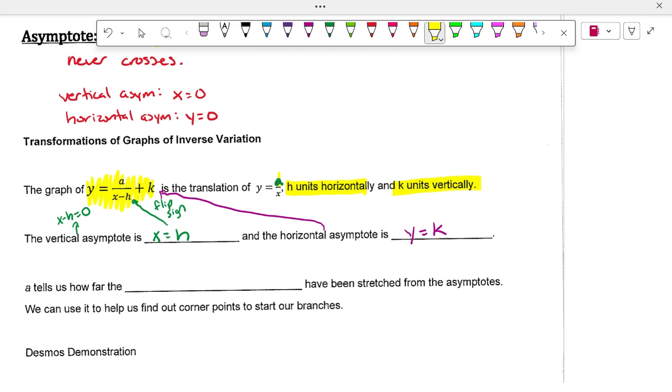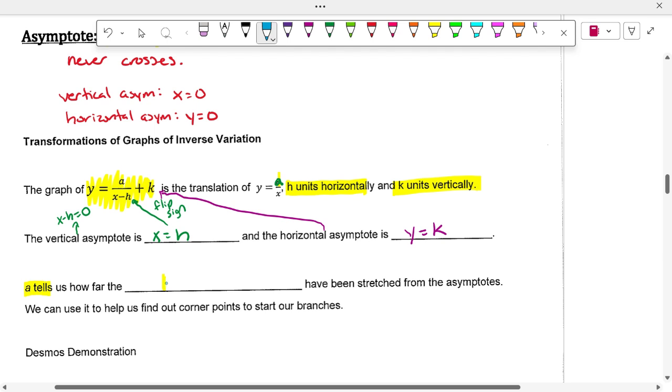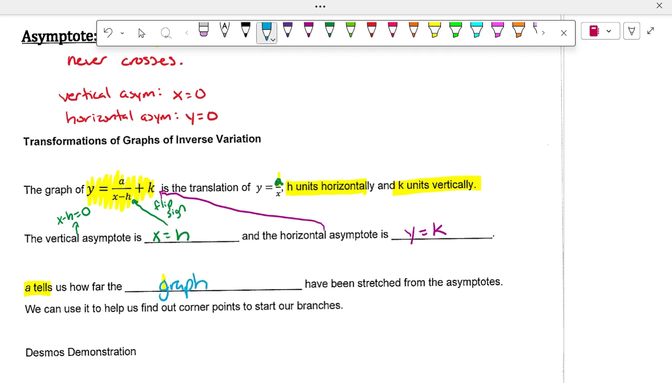All right. So the A value tells how far the graph has been stretched from the asymptotes. And we can use it to find the corner points and start our branches. So the way I deal with it is your A value. You always want to look for A over A and A over 1.